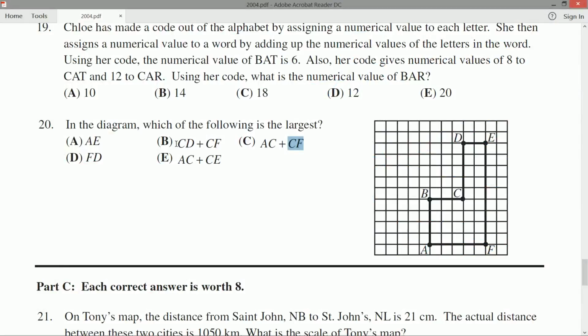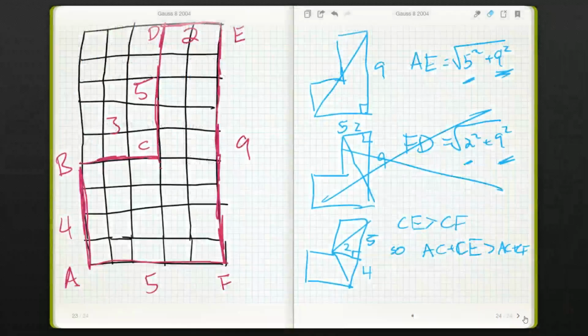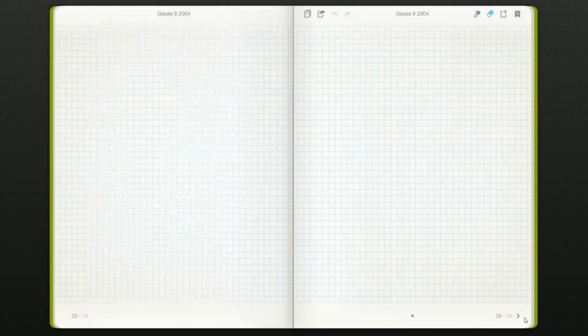What else? There's CD plus CF, and I can't really see a good way to relate that to either of the other two for comparison. Now, something I can see: AE, AC and CE form a triangle, and so by the triangle law we can narrow some of this down.